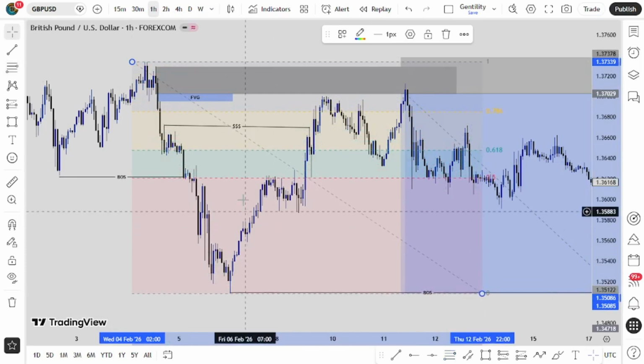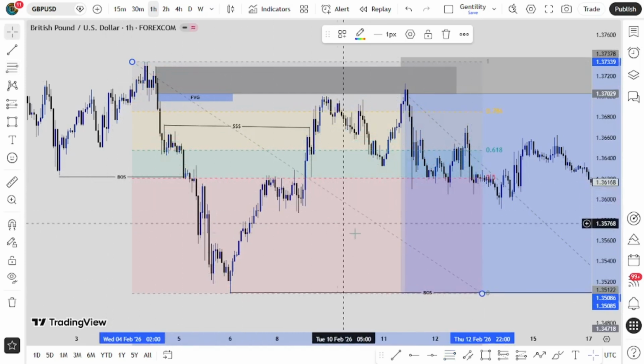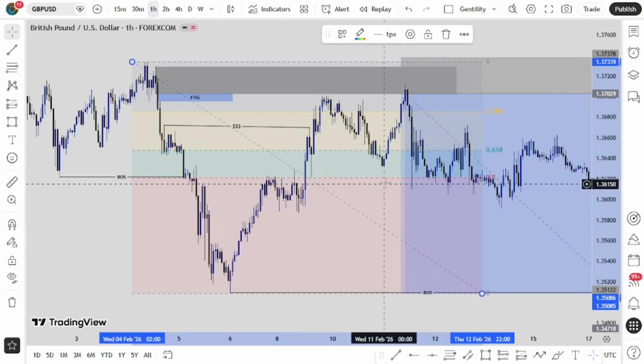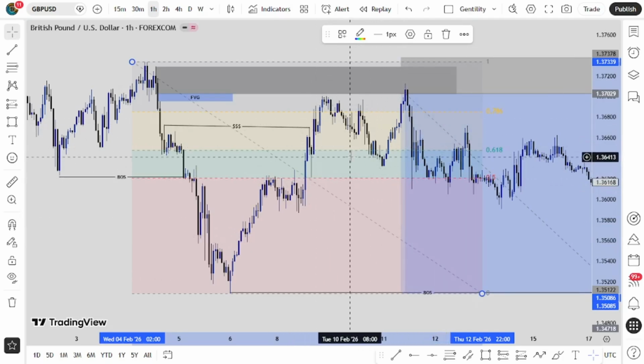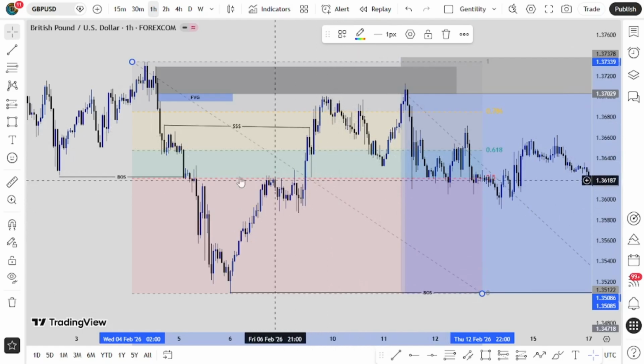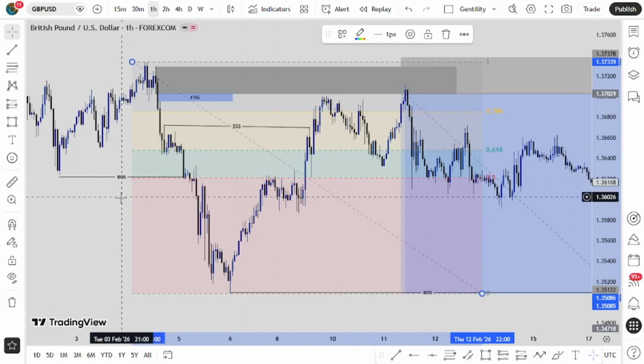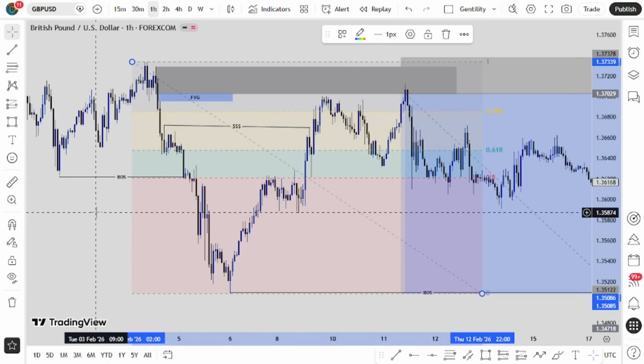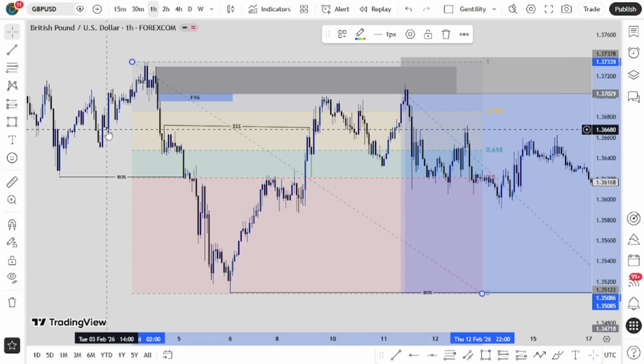Now, this red zone is our discount zone. Why? This particular red line that separates this zone from this zone is what we call equilibrium. And as you can see, price came in and tapped into our premium zone, making it an expensive area or zone to sell from.